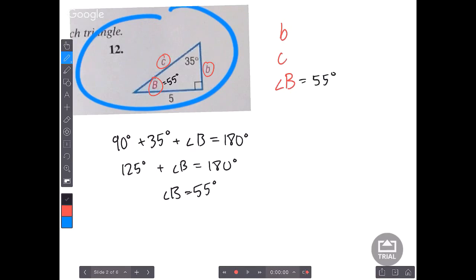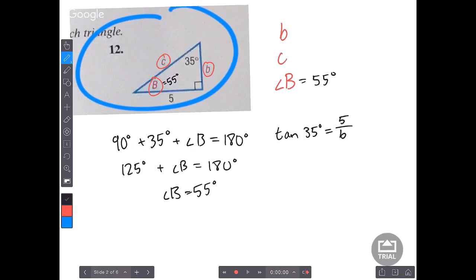Now I have side B. I'm going to go ahead and find side B next. So in order to find side B, I'm going to use my 35-degree angle and my opposite side 5, and B is adjacent to 35. So I'm going to use my tangent ratio. The tangent of 35 degrees is equal to the opposite side 5 over the adjacent side.